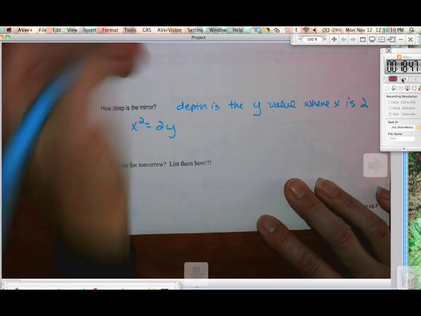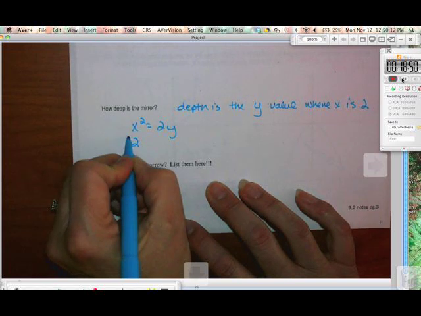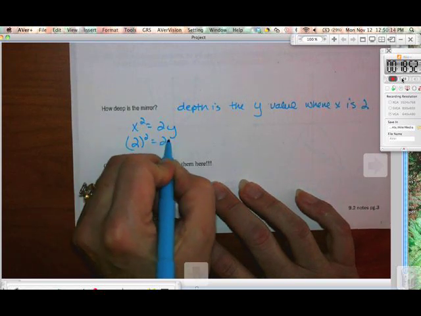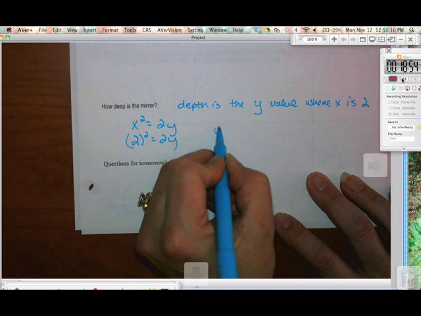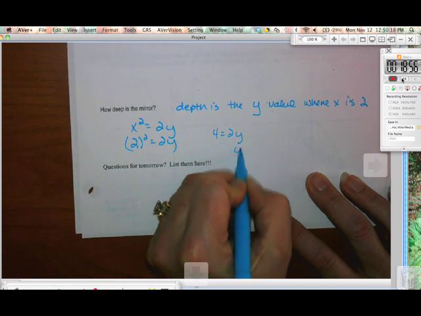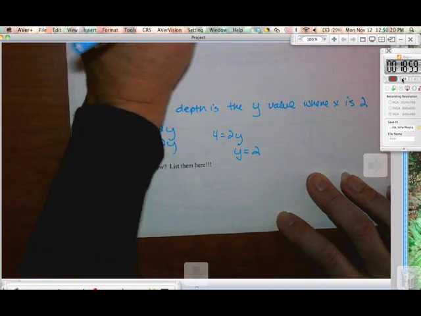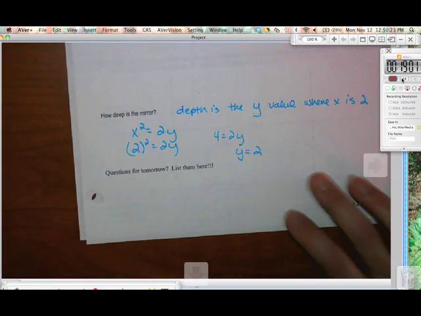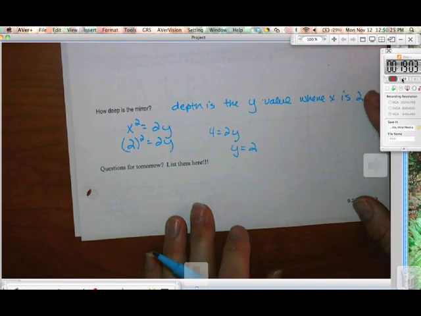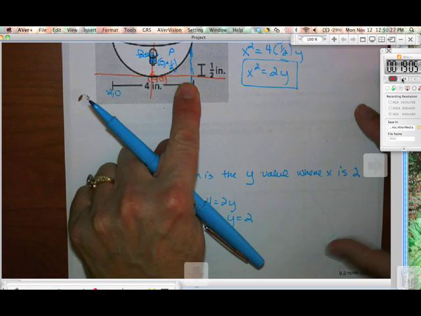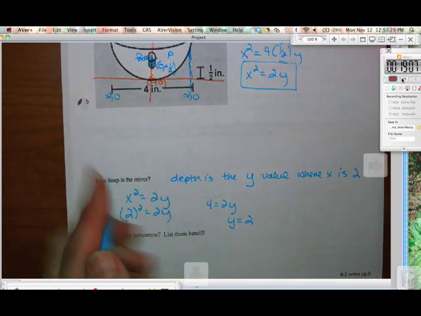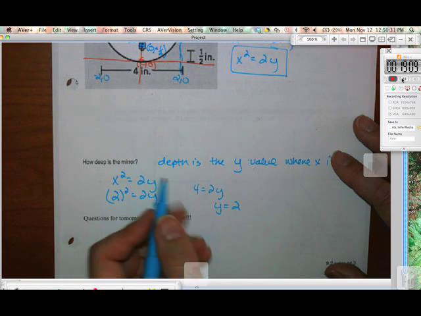So I'm going to plug in 2 for x, and then I get 4 equals 2y, and y equals 2. That tells me that it's 2 inches deep. However, it's not always going to be 2. It's not always going to be this distance here. That's just kind of a coincidence. It will not always be half the width.